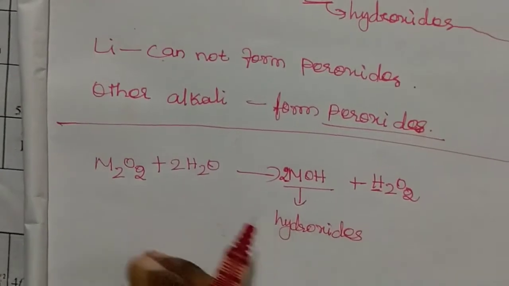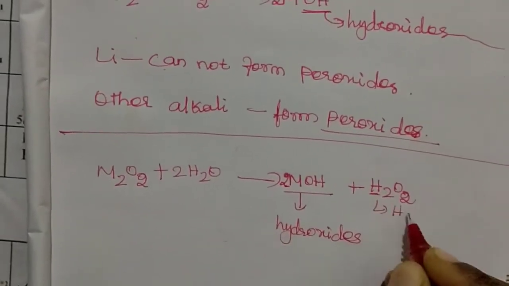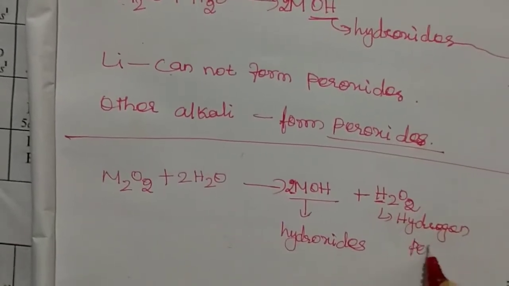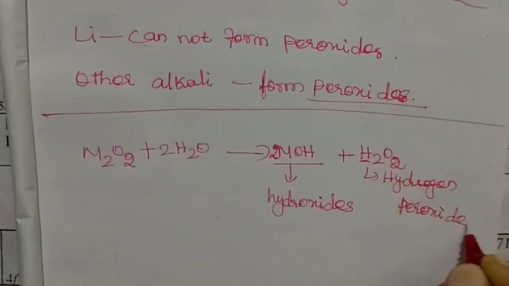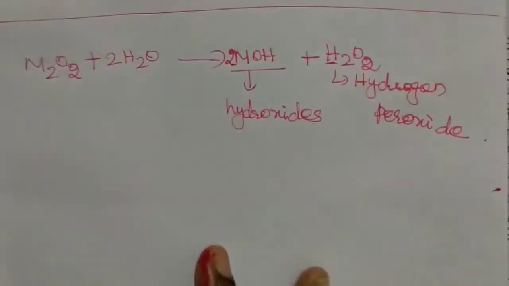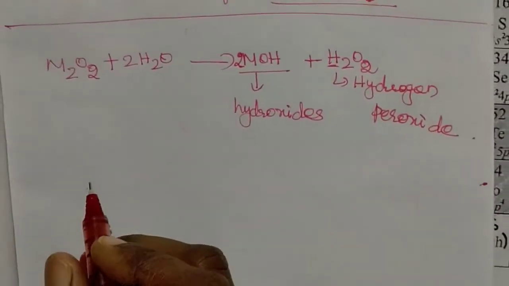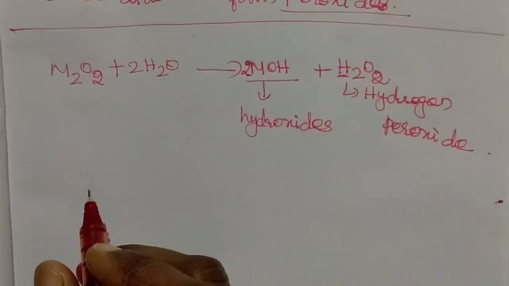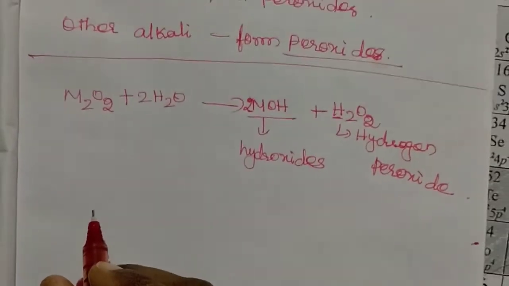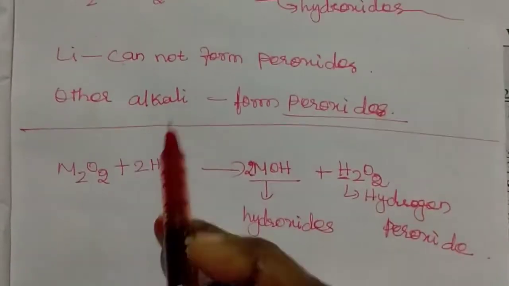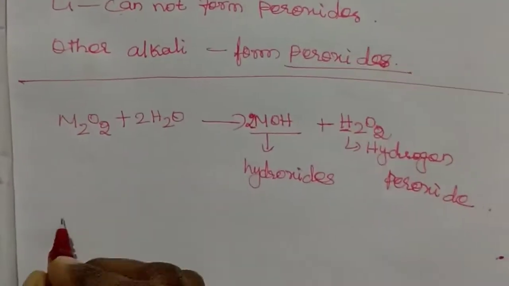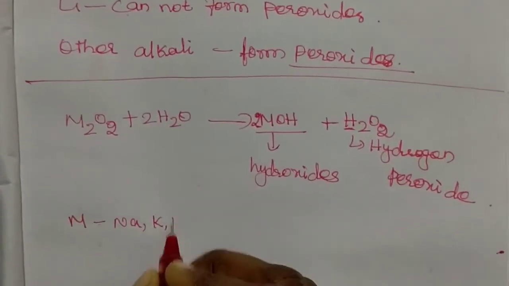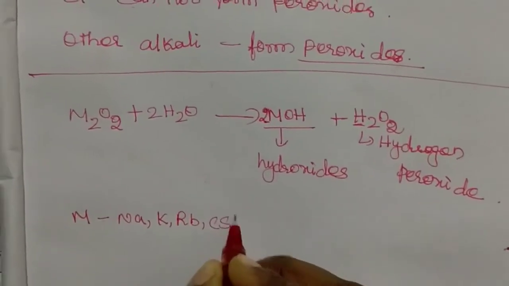So it becomes hydroxide, and the byproduct is hydrogen peroxide. Here M denotes sodium, potassium, rubidium and cesium. Why not lithium? Because lithium cannot form peroxide. So in this reaction, the metal denotes sodium, potassium, rubidium and cesium.